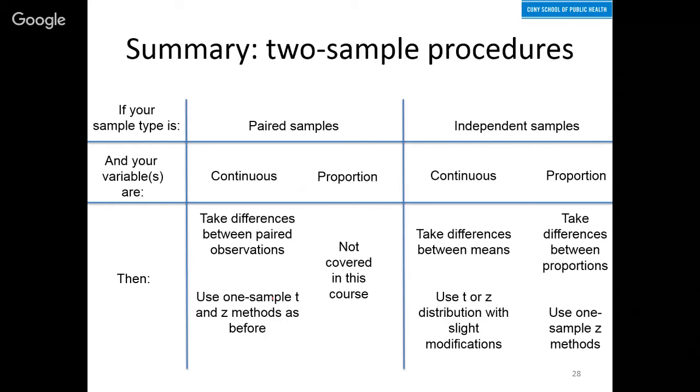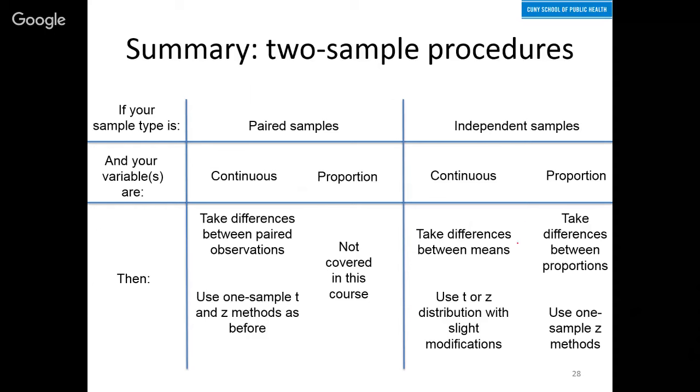All right, so to summarize these two sample procedures, with paired samples, if we have continuous data, you take the differences and then use the one sample version. This gets a little bit complicated for proportions, and we're not going to cover it. This is easiest to do with a logistic regression or generalized linear models when you're dealing with proportions.